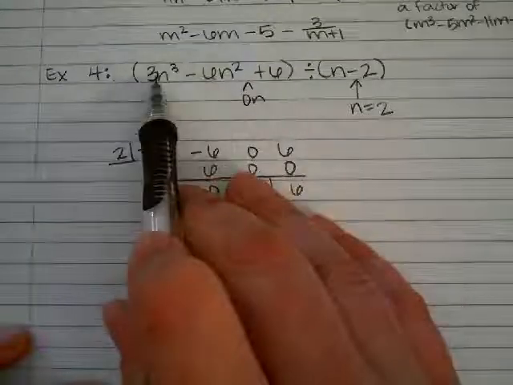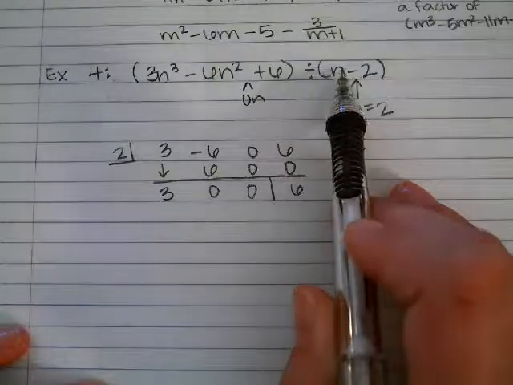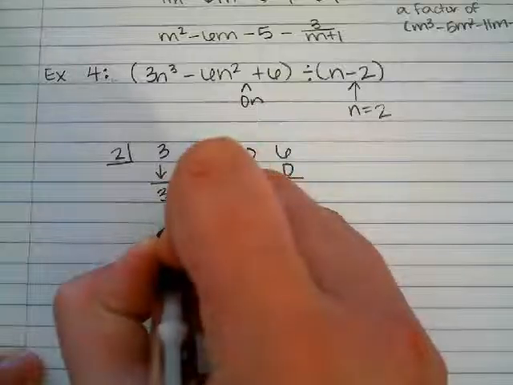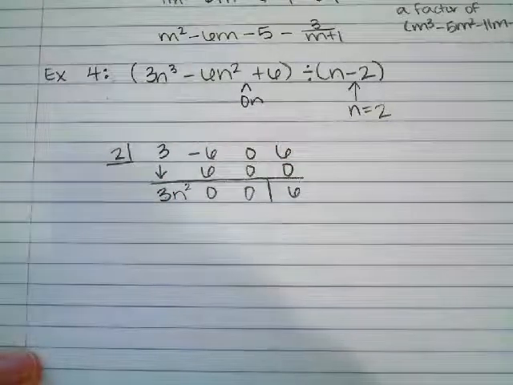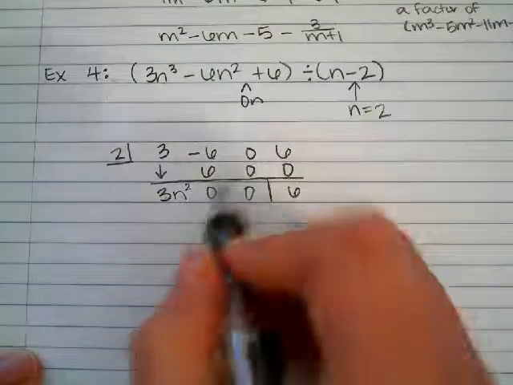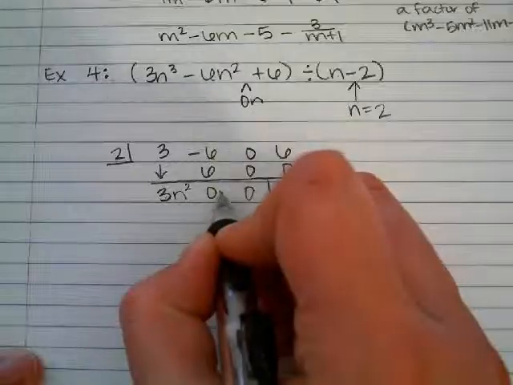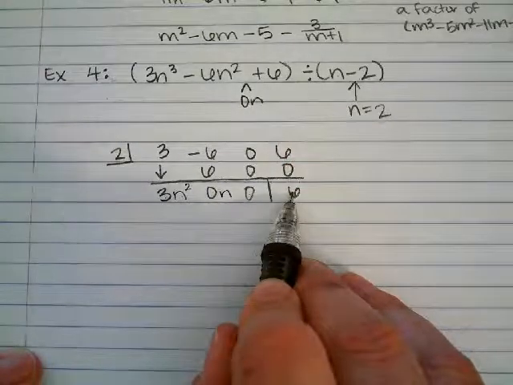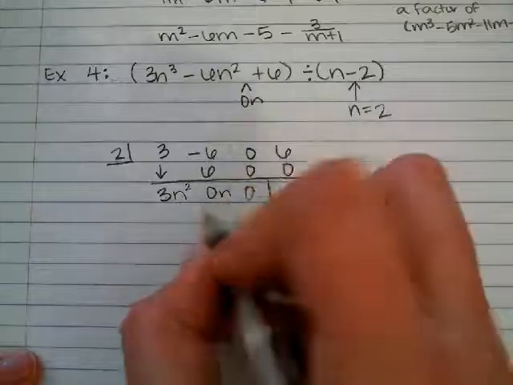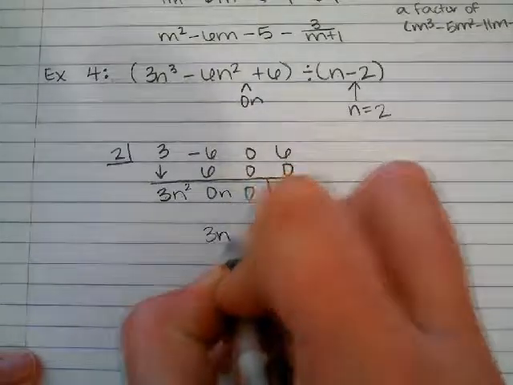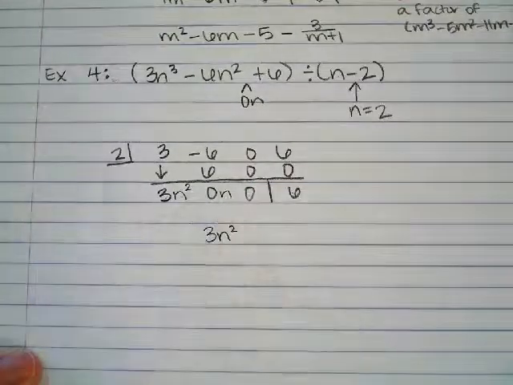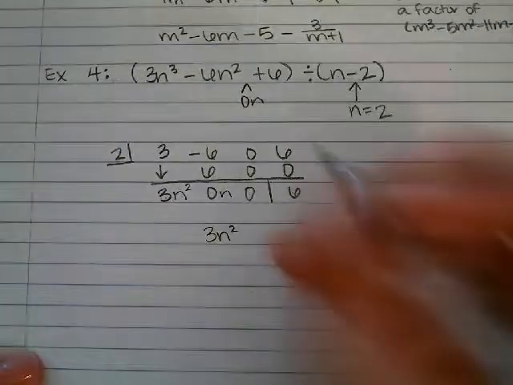And then we just go down by 1. So n squared, n, no n, and then our fraction. So we have 3n squared. You can write the zero terms if you want to, but common practice is to leave them out because they're zeros, plus 6 over n minus 2.